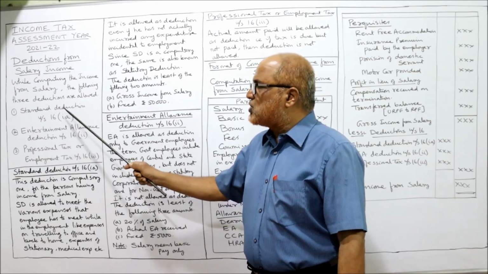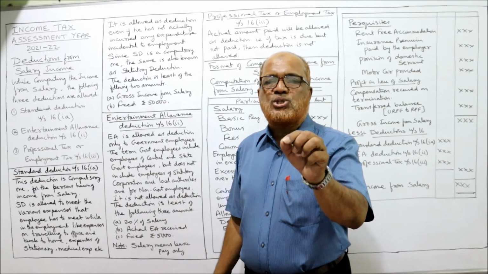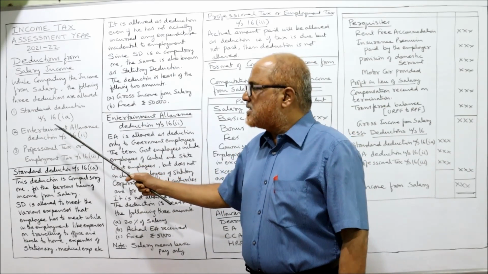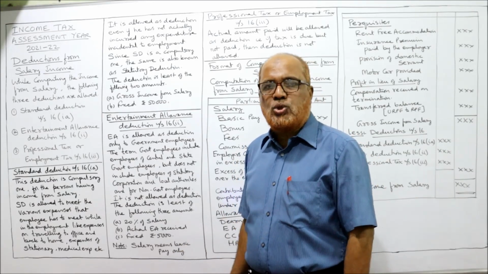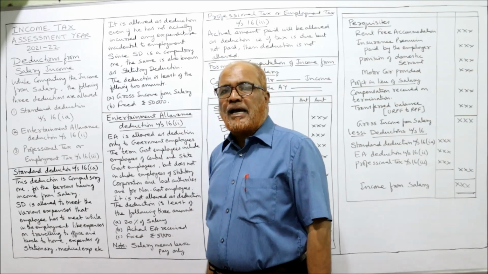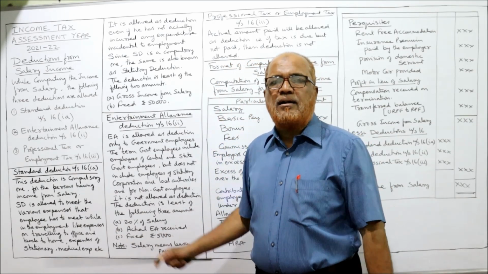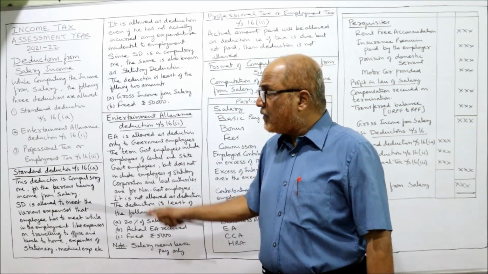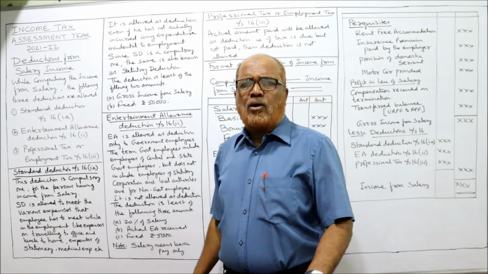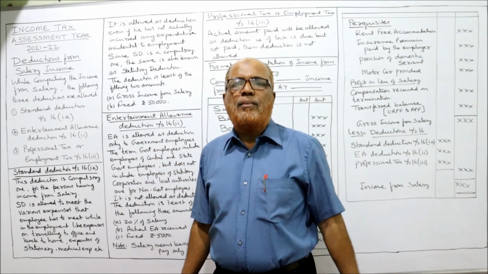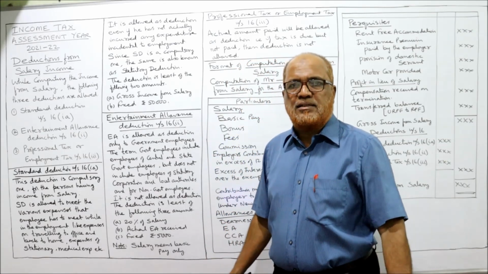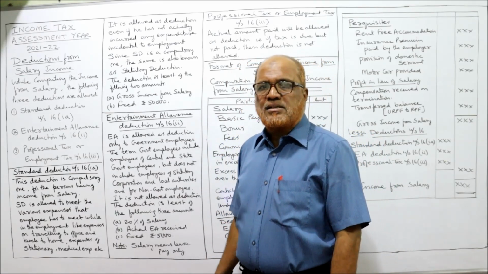The first one is standard deduction under section 16(1)(a). Second, entertainment allowance deduction under section 16(2). And third, professional tax or employment tax under section 16(3). So only 3 deductions are allowed. After deducting these 3, we'll get income from salary. That's it. One by one we'll discuss.